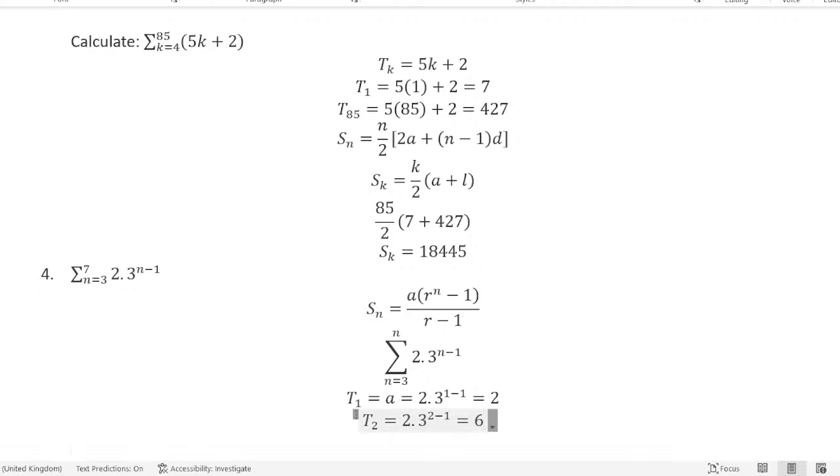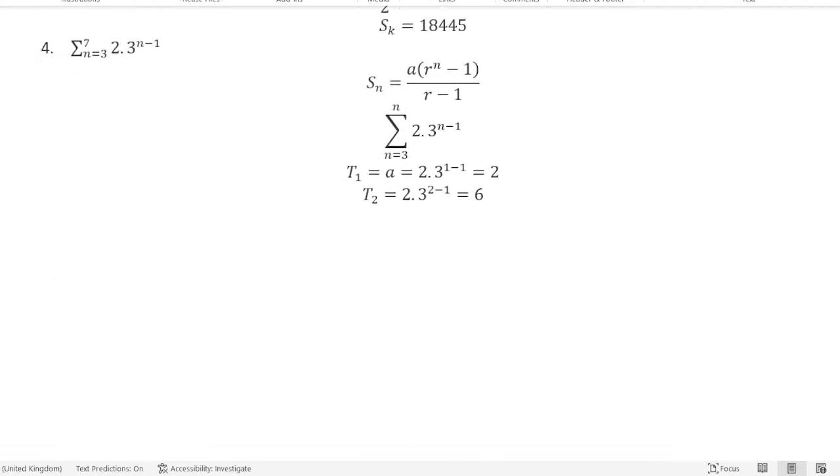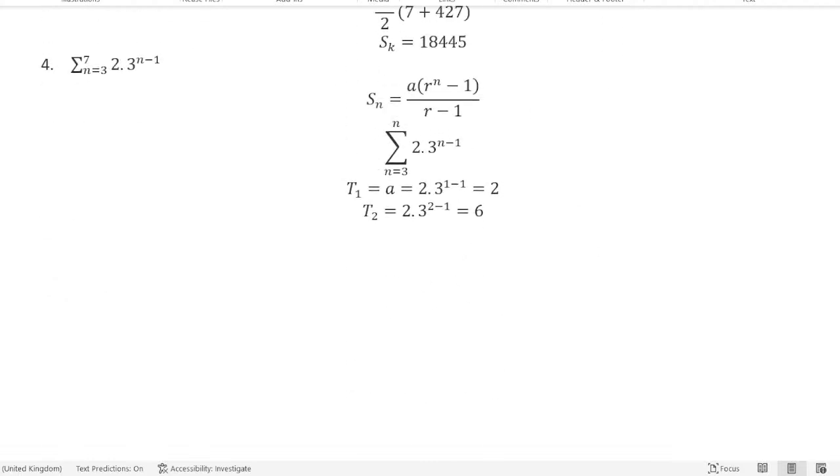Now r is equal to the successive term divided by the previous term, in this case 6 divided by 2. Therefore r is equal to 3.